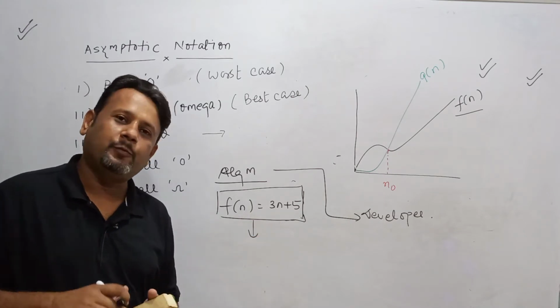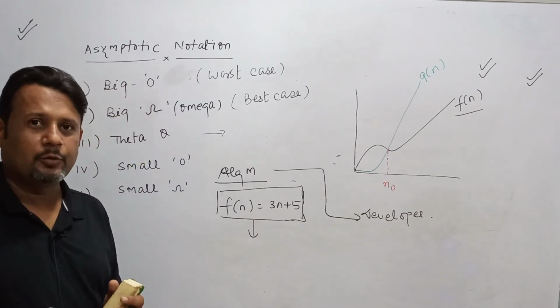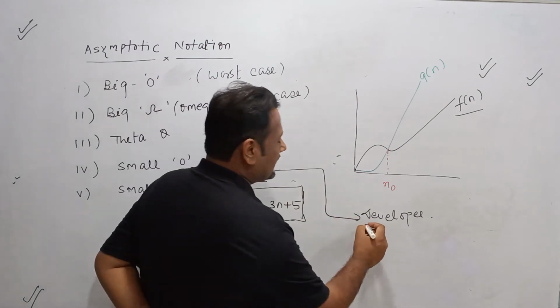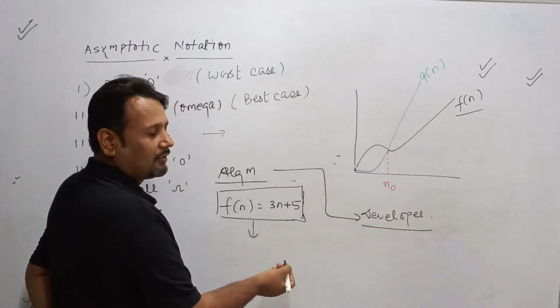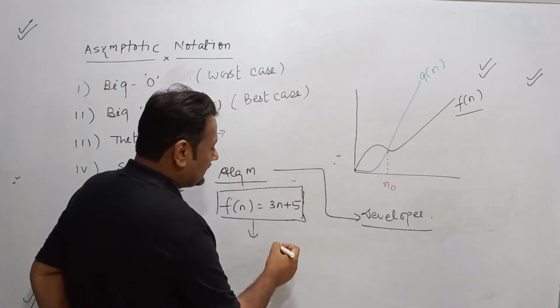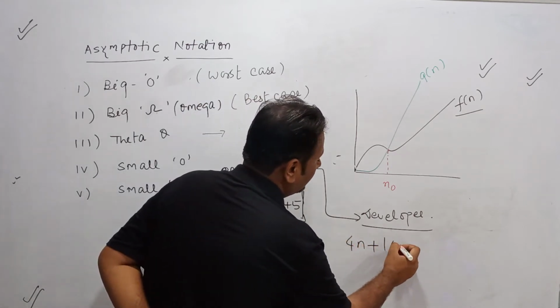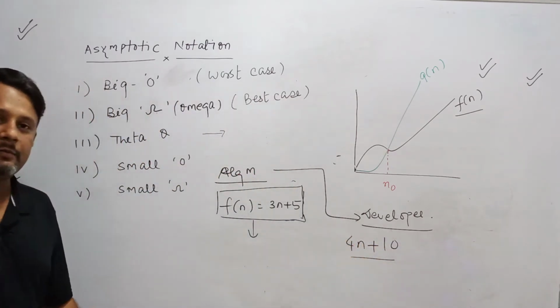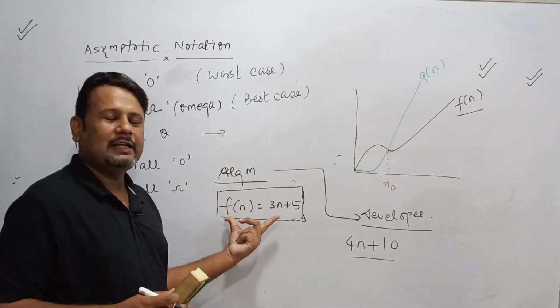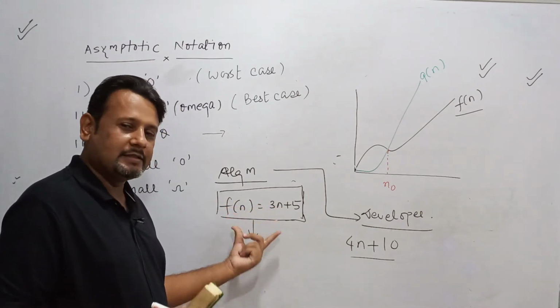If you are not a good programmer, during implementation you can increase the number of lines. Once I implement this, the complexity that I have received is 4n + 10. So this was the ideal worst situation complexity.